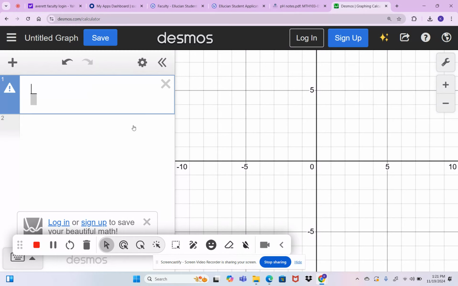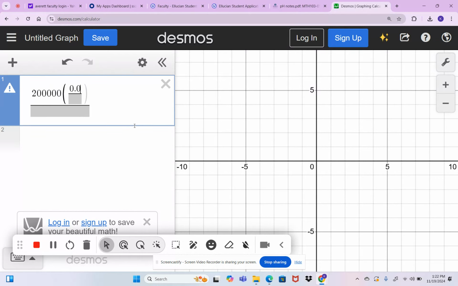So we have in the numerator 200,000 times 0.08 divided by 12.